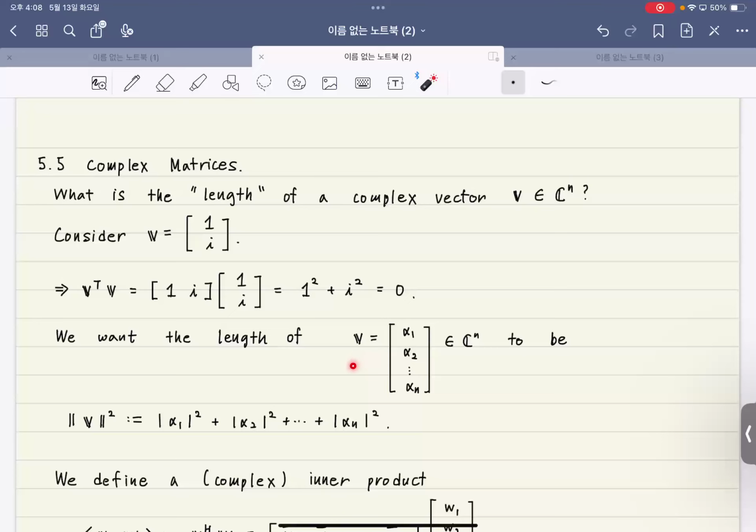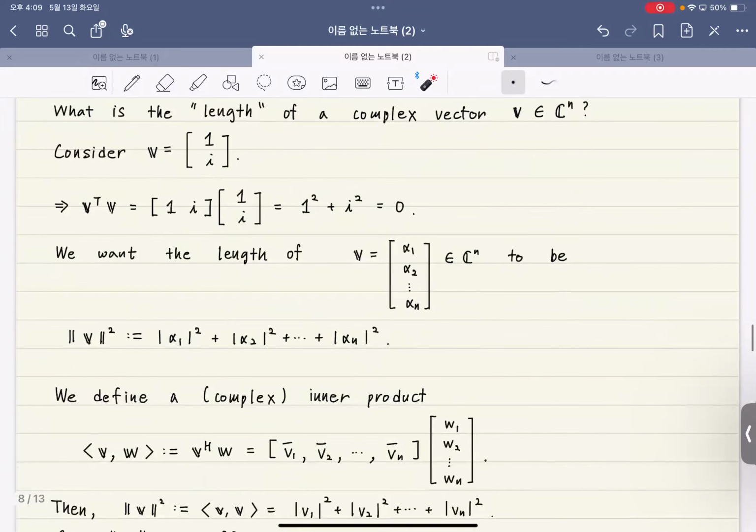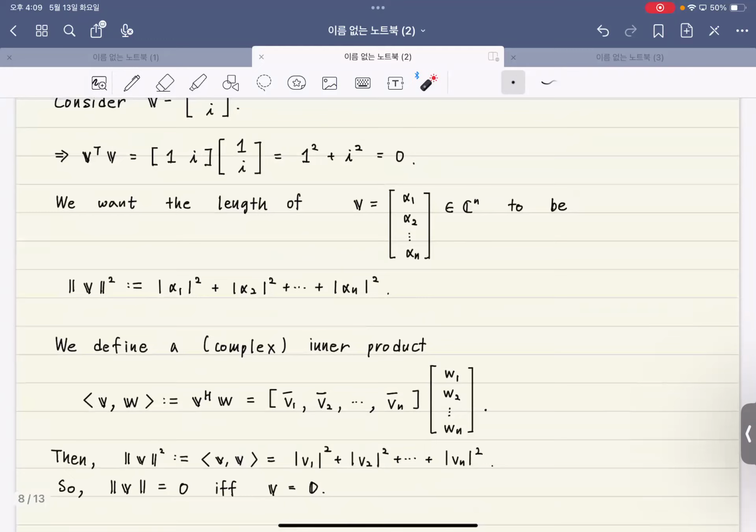as the length squared of my complex vector. So how do I develop such a nice notion of length in the world of complex matrices? We define a new notion of complex inner product like this. I use the notation v to the h, where this h means you take the transpose of this matrix and you take the complex conjugate of each of these entries.